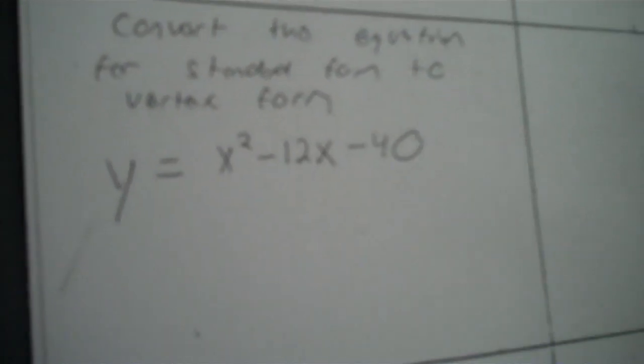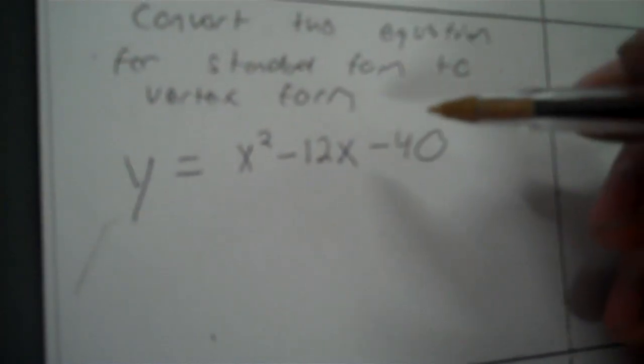Okay, now you're converting the equation from standard form to vertex form. So, vertex form means I need to make it into an A, an H, and a K. So you're going to write y equals 3 times. Okay. And you are using the same tools that you used up there. C equals B divided by 2 to the second, and then the T table comes in later.